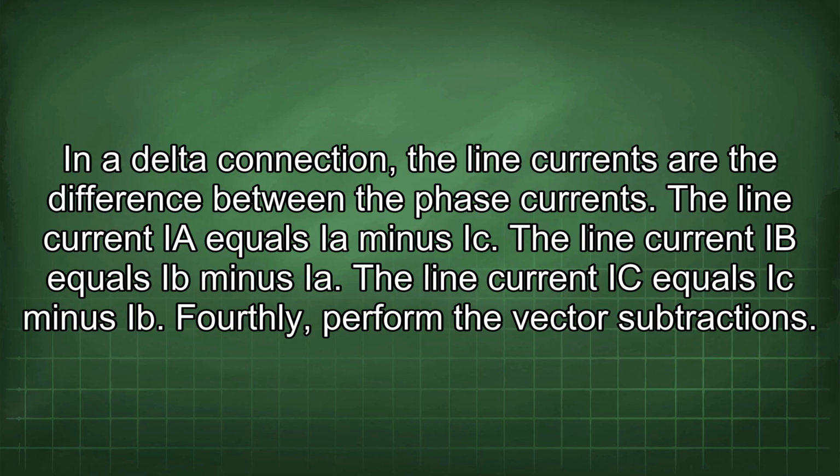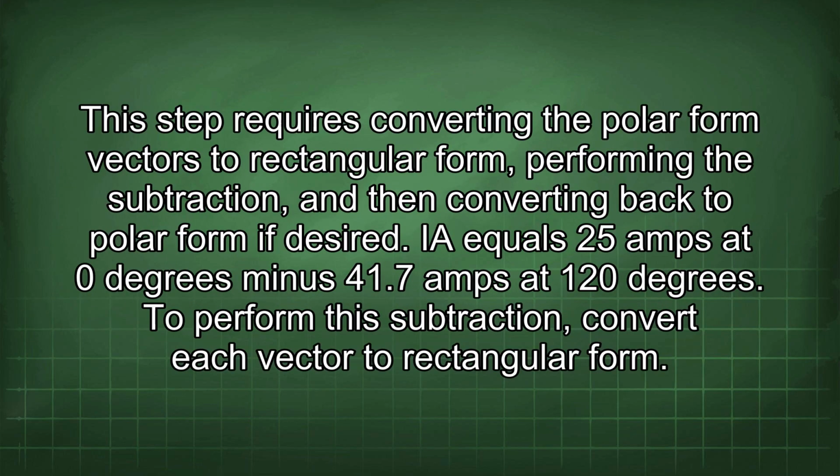Fourthly, perform the vector subtractions. This step requires converting the polar form vectors to rectangular form, performing the subtraction, and then converting back to polar form if desired. IA equals 25 amps at 0 degrees minus 41.7 amps at 120 degrees.